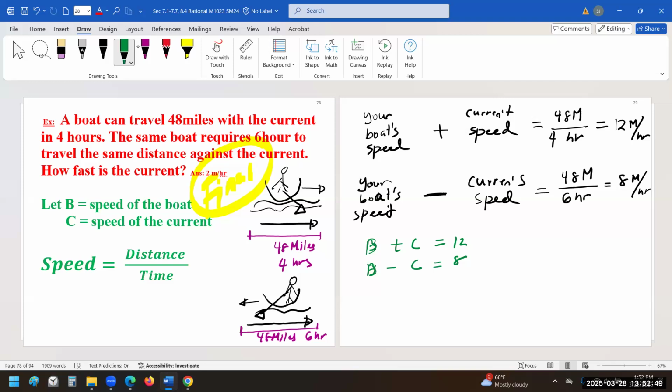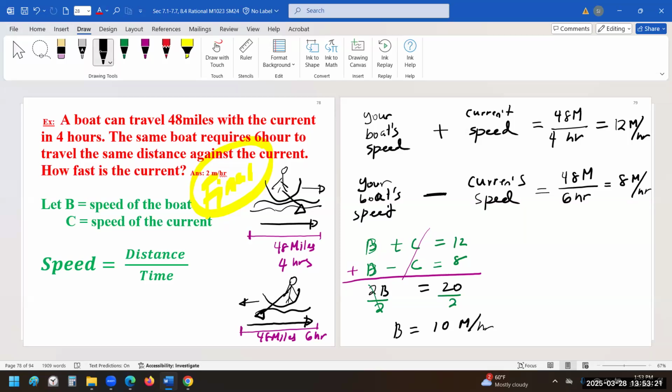Substitution you can use, but I will go for elimination. If you add them, C gets eliminated. Our life becomes easier. How many B's do we have? 2B equals how much? 20. And then what do we do? Divide by 2. Good. So the speed of the boat is 10 miles per hour.